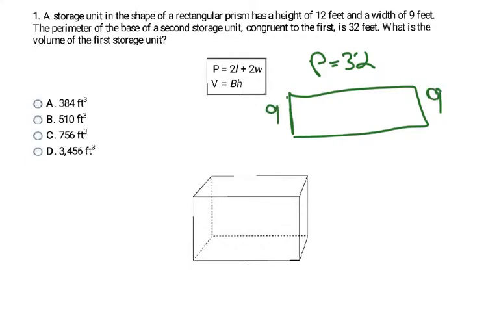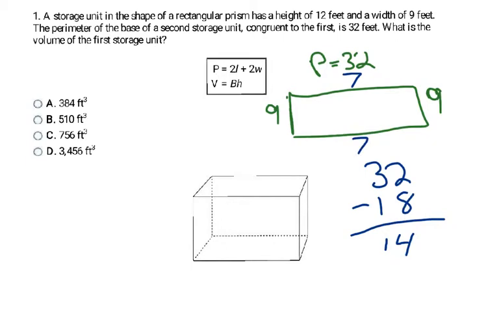I need to figure out this other missing side so I can figure out the area of this rectangle. I already have 9 and 9, which is 18, taken from this perimeter. So I'm going to take 32 minus 18, which is 14. Then I have 14 to divide evenly between these two sides. 14 divided by 2 is 7. So each of those sides is 7.